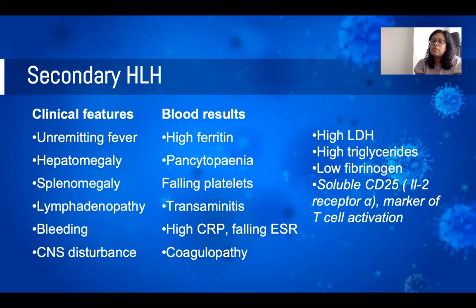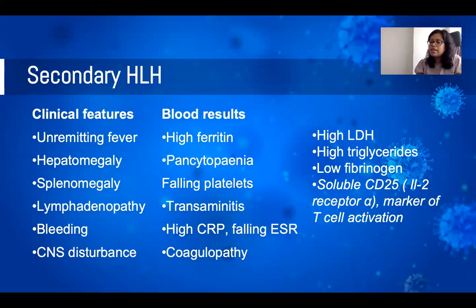In terms of blood results, the trends you see are markedly elevated ferritin, pancytopenia, falling platelets, transaminitis, high CRP but with a falling ESR, coagulopathy, high LDH, high triglycerides, and low fibrinogen. You can send soluble CD25 or IL-2 receptor alpha to tertiary centers, and it's a marker of T cell activation, but this may take days to come back.